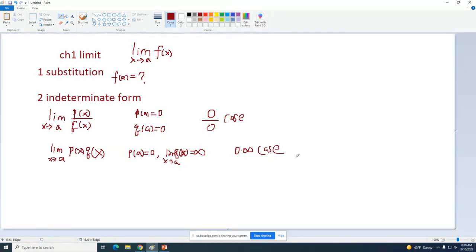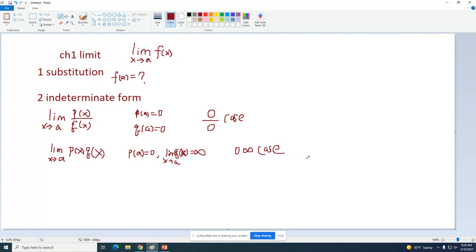That's also an indeterminate case, because if one of the factors equals 0, we know 0 times anything equals 0, except infinity. So 0 times 5 equals 0, 0 times 100 equals 0, 0 times 1000 equals 0, but 0 times infinity is not 0. So if we have 0 multiplied by a limit that is infinity, we call that an indeterminate case.